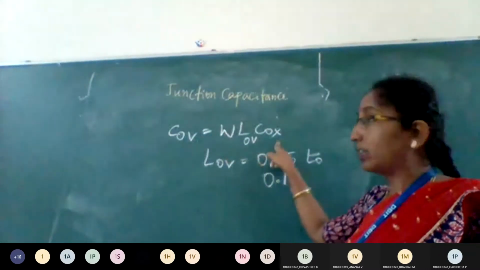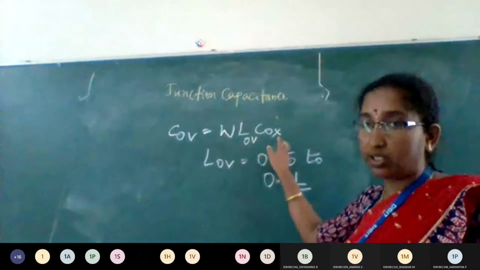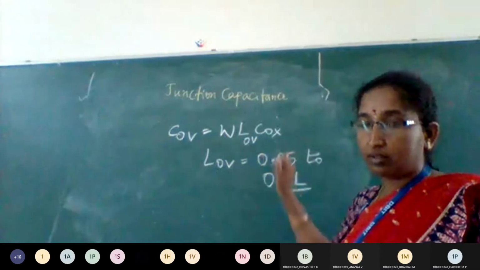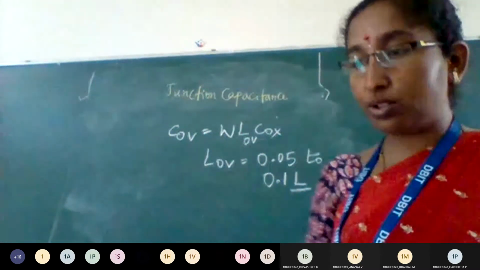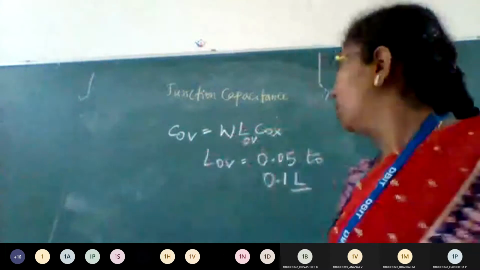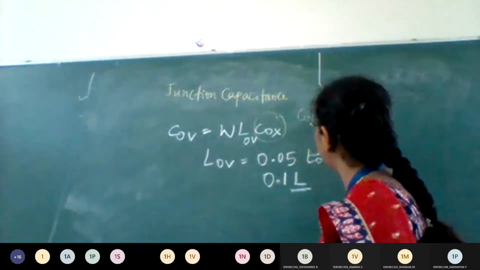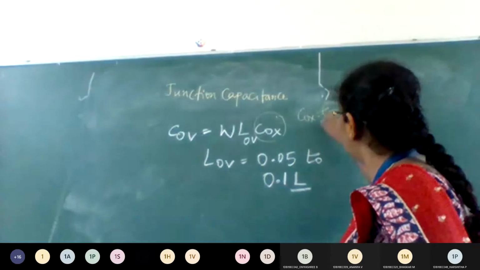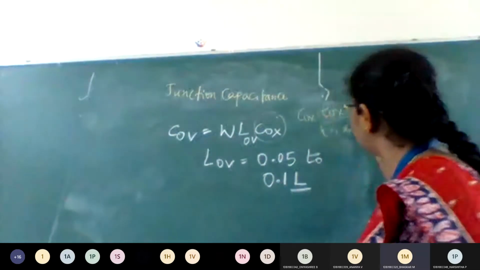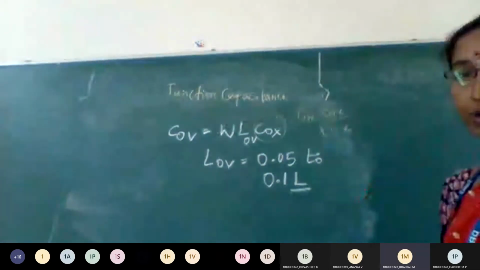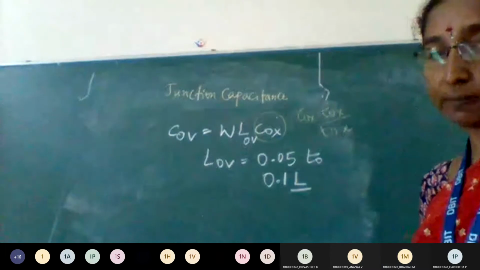So this is the formula for the capacitance, area into oxide capacitance. And I also told you in the first module how to find out oxide capacitance. Formula you know? Epsilon OX by TOX.